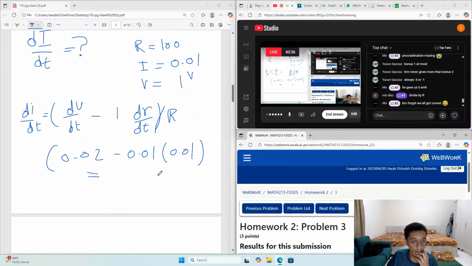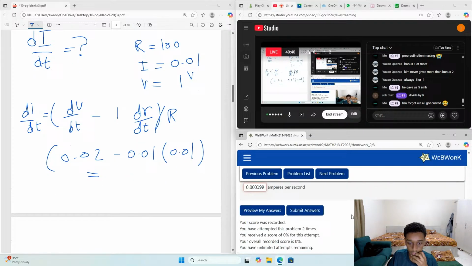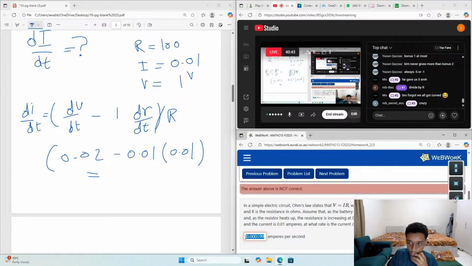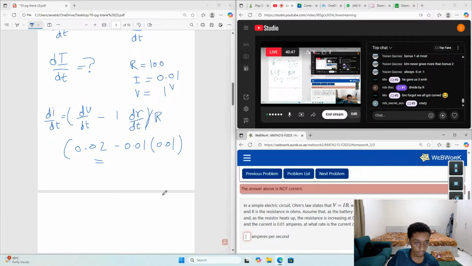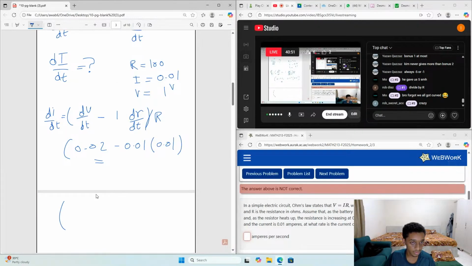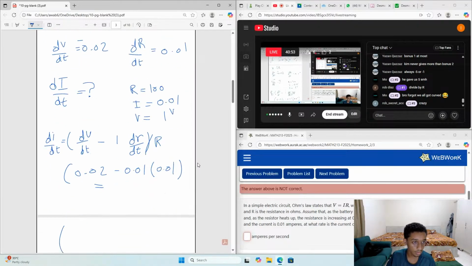Still wrong. You are sure this formula is correct? Because dv over dt is... it's minus. It's minus. Okay.